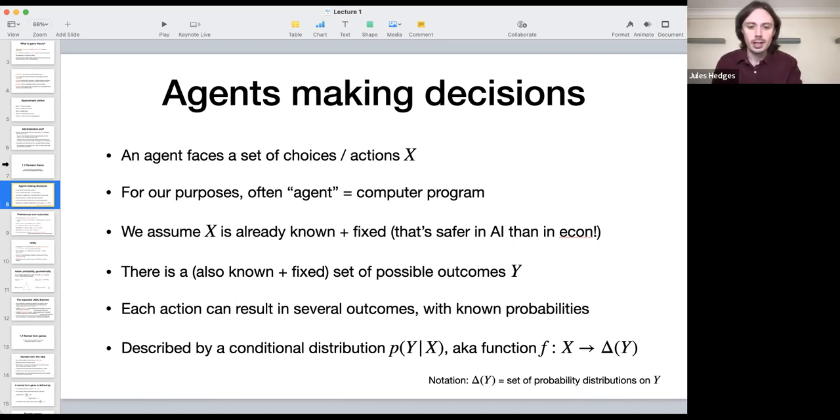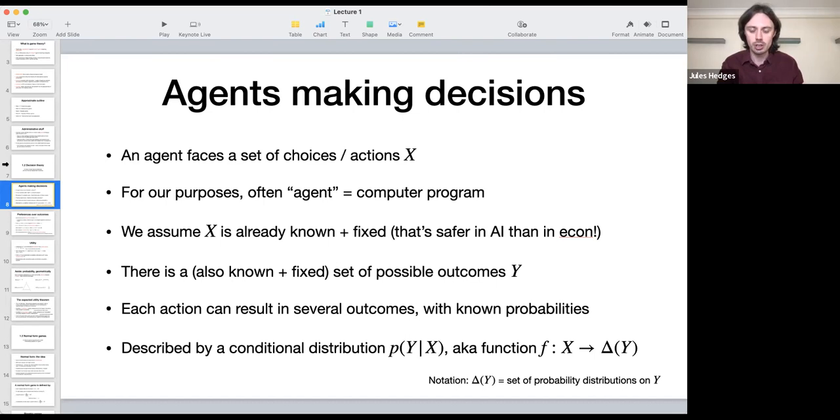Okay, now, as well as the set of choices, we're also going to have a known and fixed set of possible outcomes. So these are things that can happen as a result of the agent's choices. And we're going to say that the mapping from choices to outcomes is not going to be deterministic. In general, this is a probabilistic mapping.